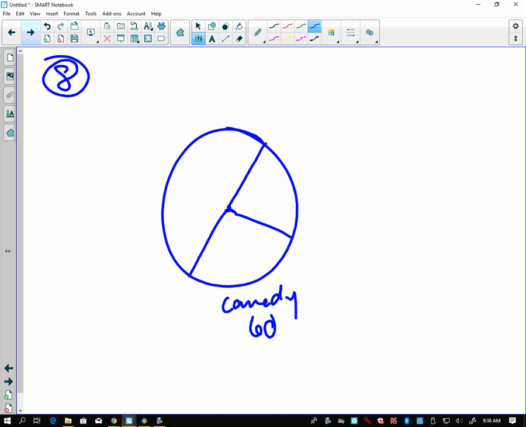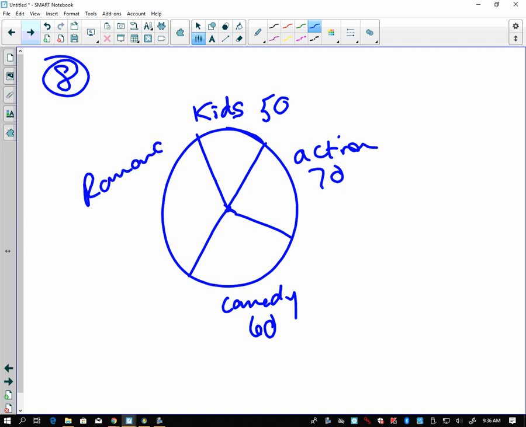Let's say action, and let's say it's 70. Let's take this. Kids. Let's say it's 50. I know these numbers aren't going to look right to the graph, but that's okay. And then let's say romance is 20. Okay? And these are percentages.